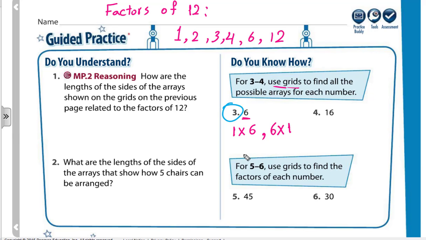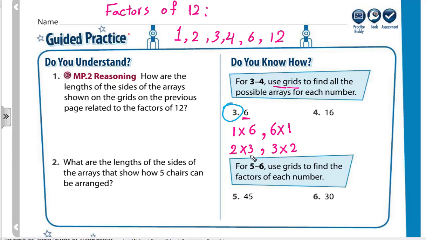Okay, can you use 2 rows? 3. 2 times 3, excellent. Okay, can you change places? Yes, of course, it will be 3 rows of 2 squares. So the factors are 1, 2, 3, and 6.